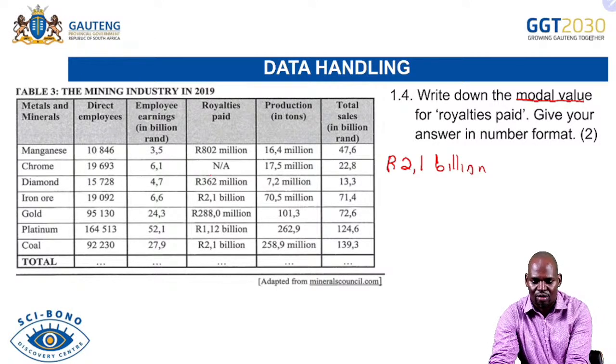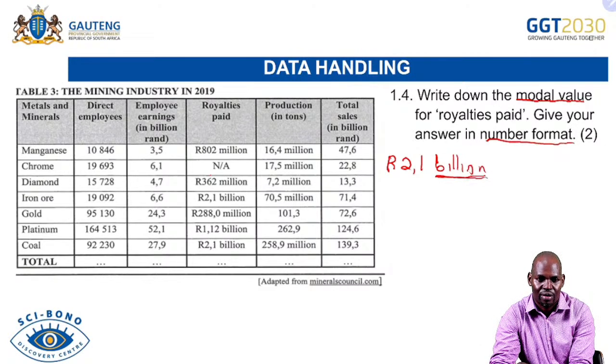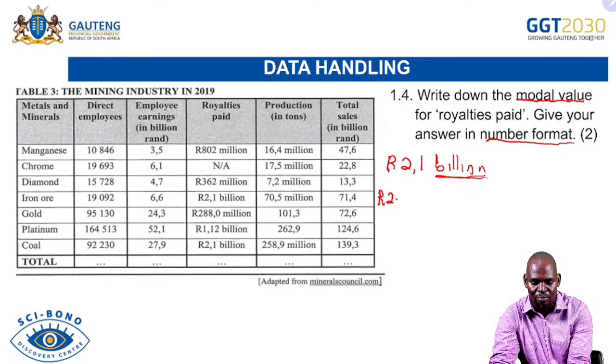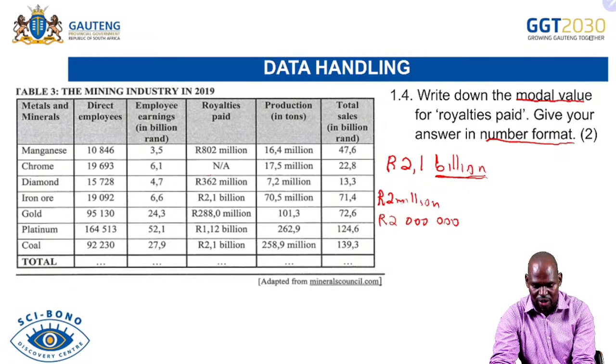Okay, so for this to be in number format, it means we don't want this word billion. If you've got 2 million, then you're just going to indicate 2 and 6 zeros. But how do you change from 2 million to the number format?